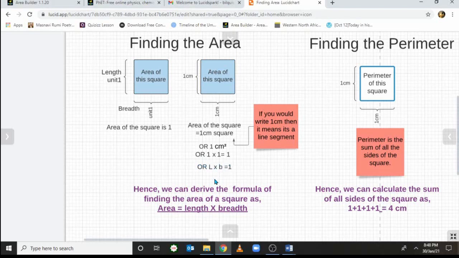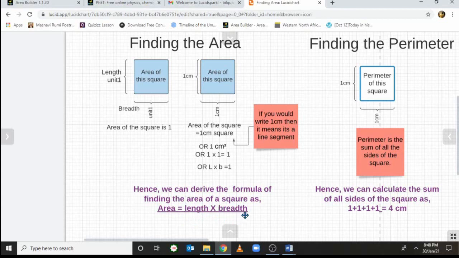Or you can also write length multiplied by breadth is equal to 1. Hence we can derive the formula of finding the area of this square as area is equal to length multiplied by breadth. Clear? So easy, huh?